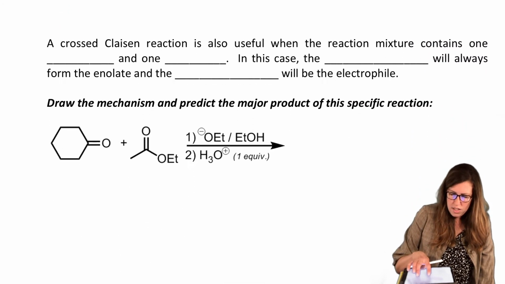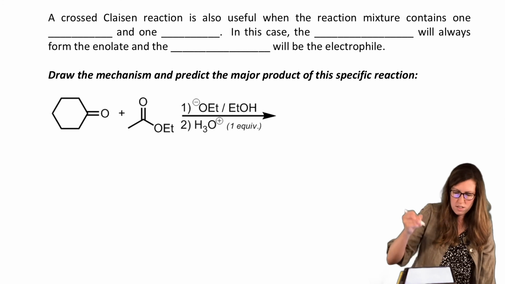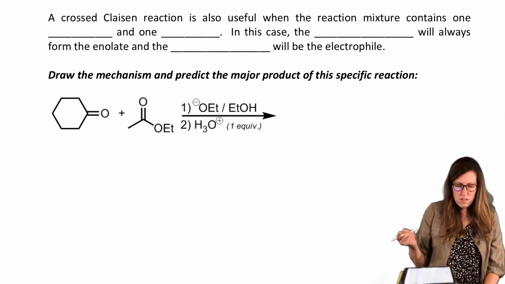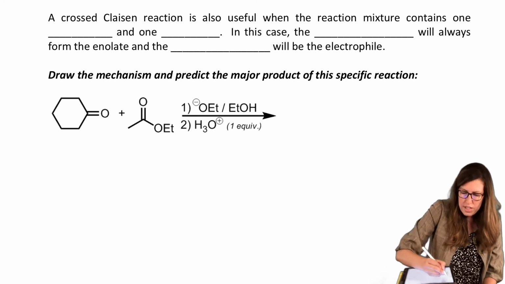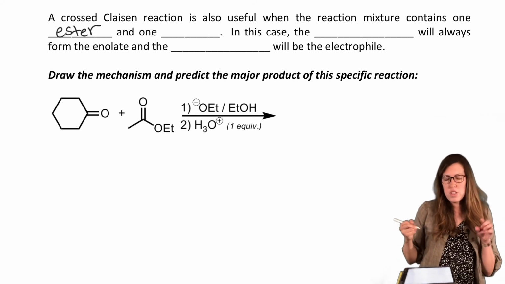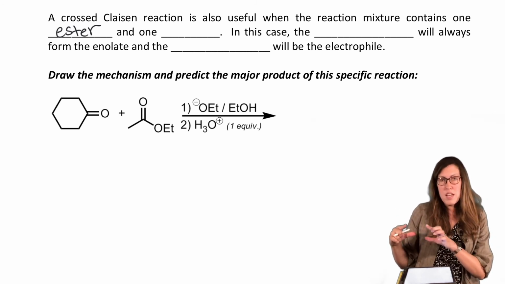Okay, other ways we can have useful Claisens that are crossed are when we have the same scenario. One of the reactants is an ester, and the other one's not an ester.